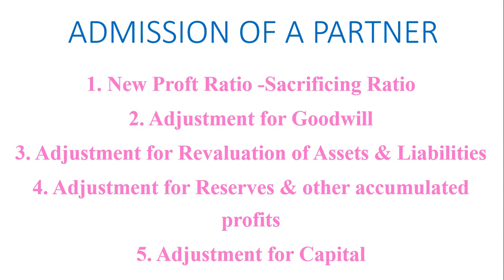So there are certain adjustments to be made with regard to the admission of a partner. The first thing is the new profit sharing ratio, which is the new ratio after the inclusion of the new partner. When the new profit sharing ratio is computed, the sacrificing ratio of the old partners is also to be computed.